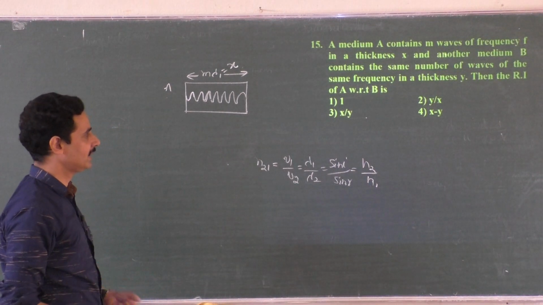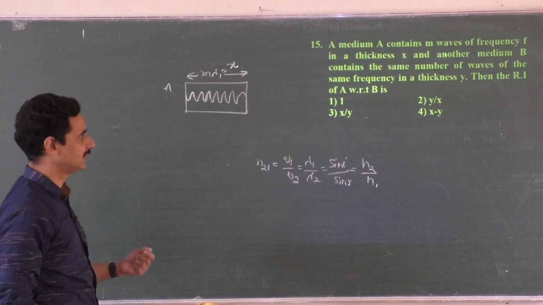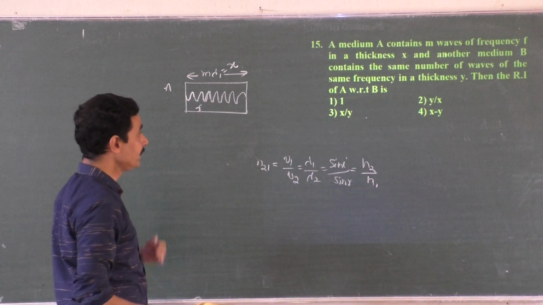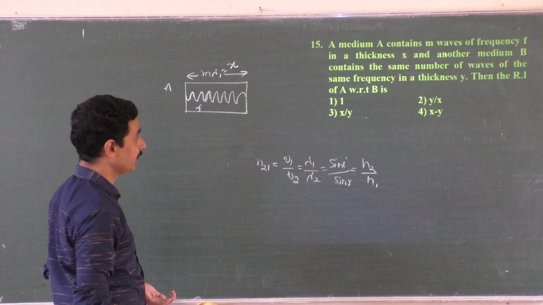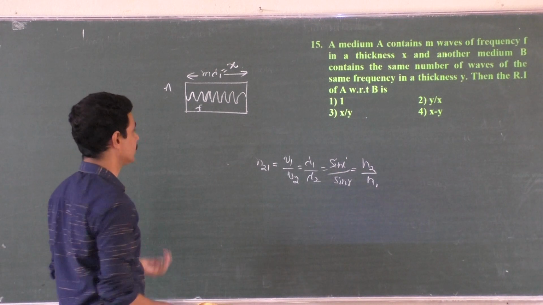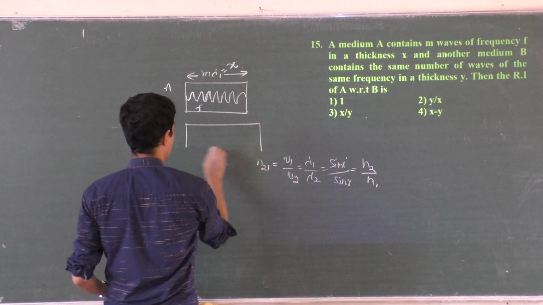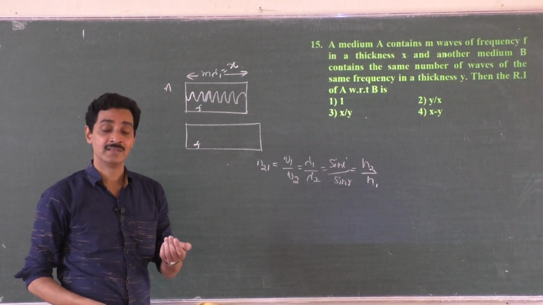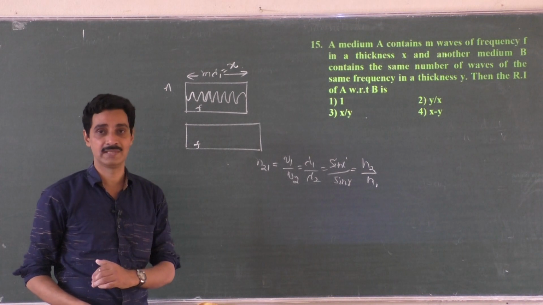A medium A contains m waves of frequency f in a thickness x, okay, frequency f. And medium B contains the same number of waves of the same frequency in a thickness y. Same number of waves, but frequency same, that we know. In any medium, the same light should have the same frequency, right?